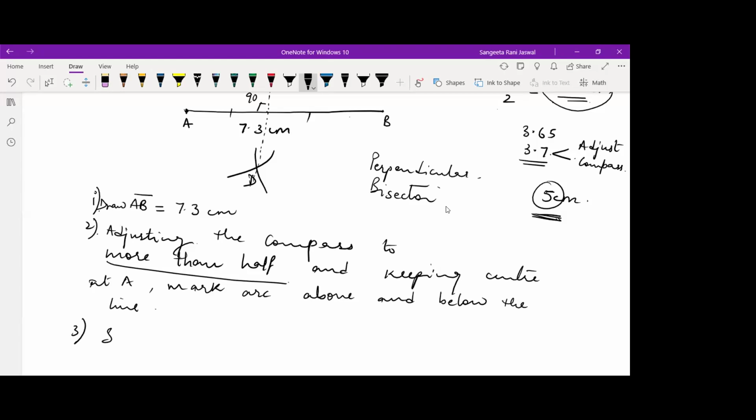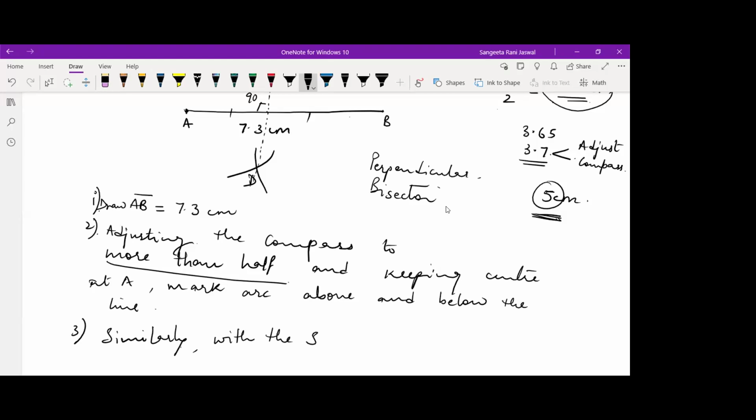Then similarly, with the same compass measurement, okay, the compass measurement should not be changed in the next step also.